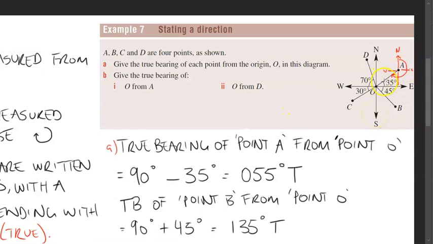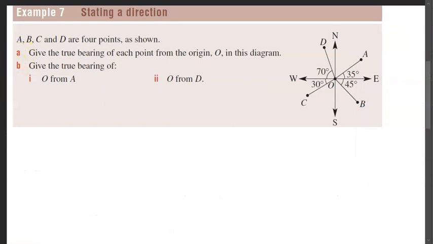We already worked this out. This is 55 degrees. Meaning that small little angle within here also has to be 55 degrees. So to get the true bearing of O from A, this is going to be 180 degrees plus an additional 55 degrees.